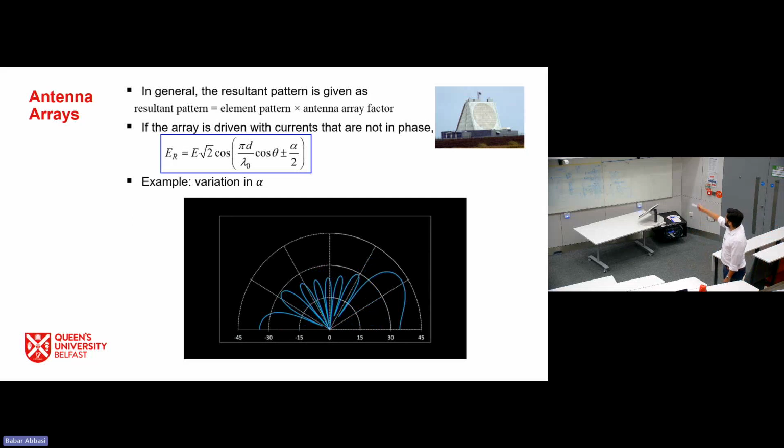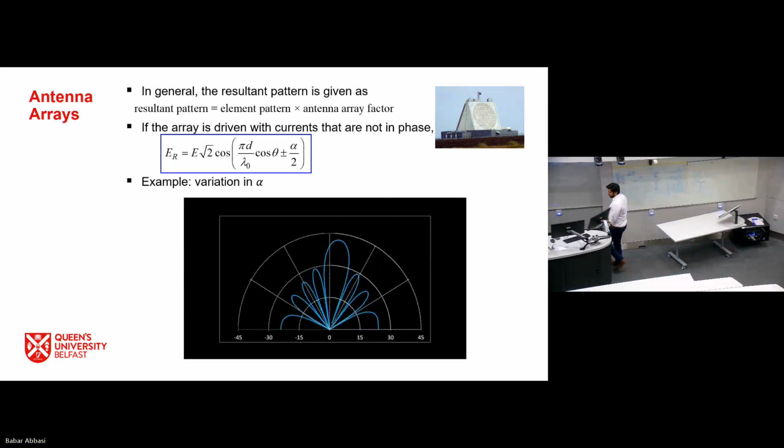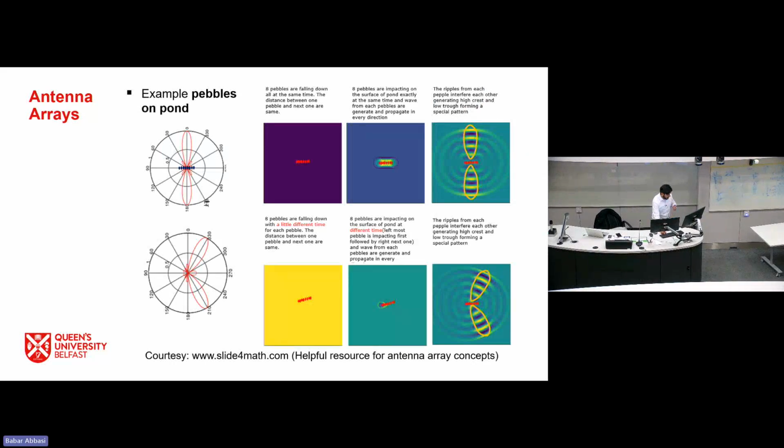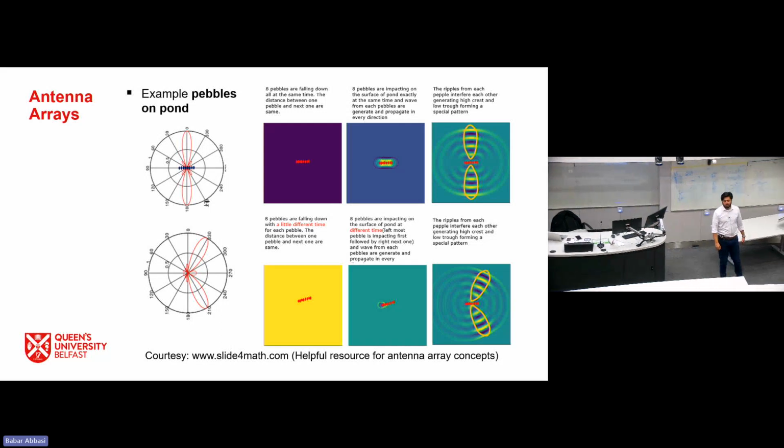Okay, so this is what we generally use in our very sophisticated designs now. So there are a few such examples given in this very helpful slide set. I will explain this more during our lab.